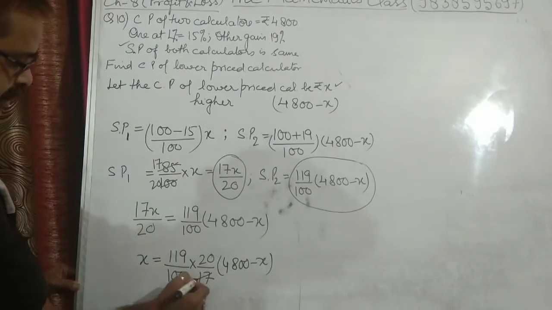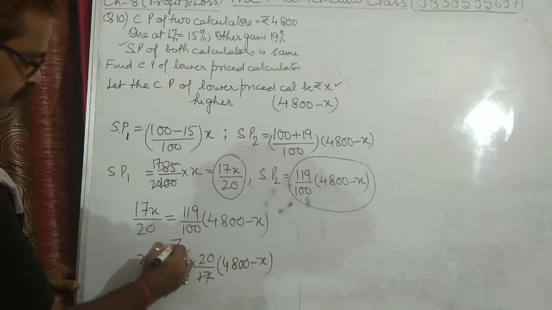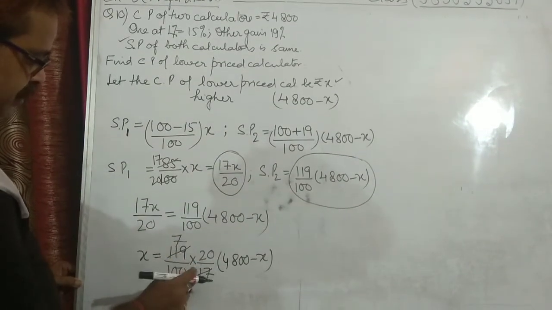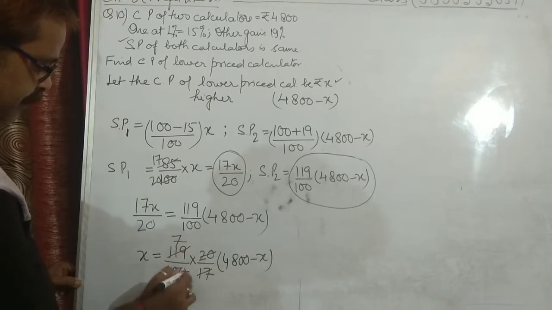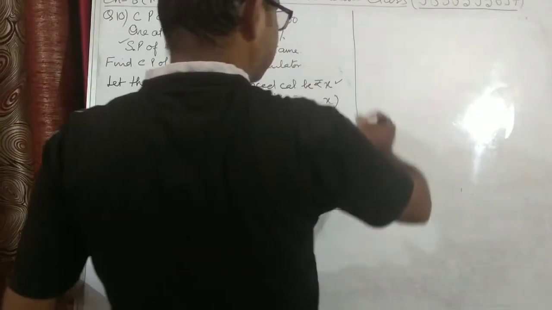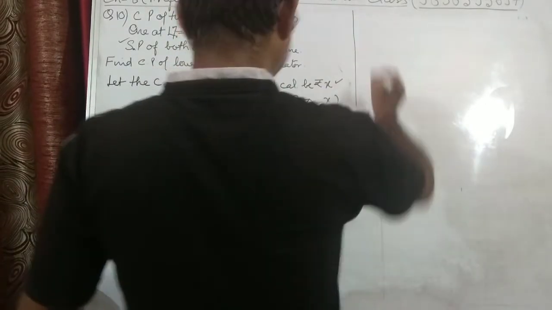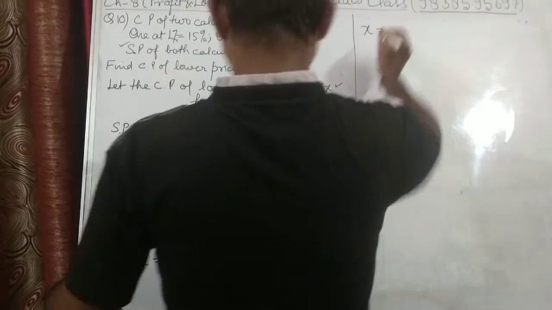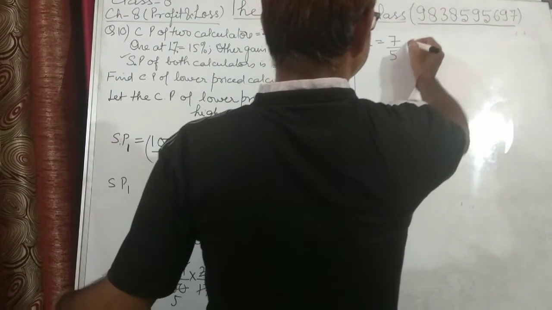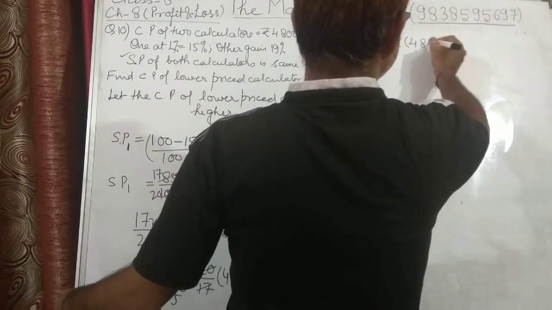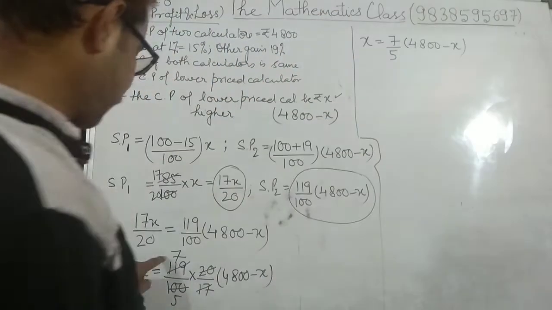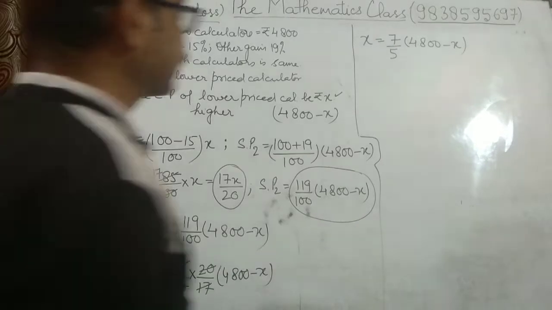Now 17 sevens are 119, 7 sevens are 49, 4 sevens 28 and 25 is 100. So we got the value of x as x equal to 7 upon 5 into 4800 minus x.